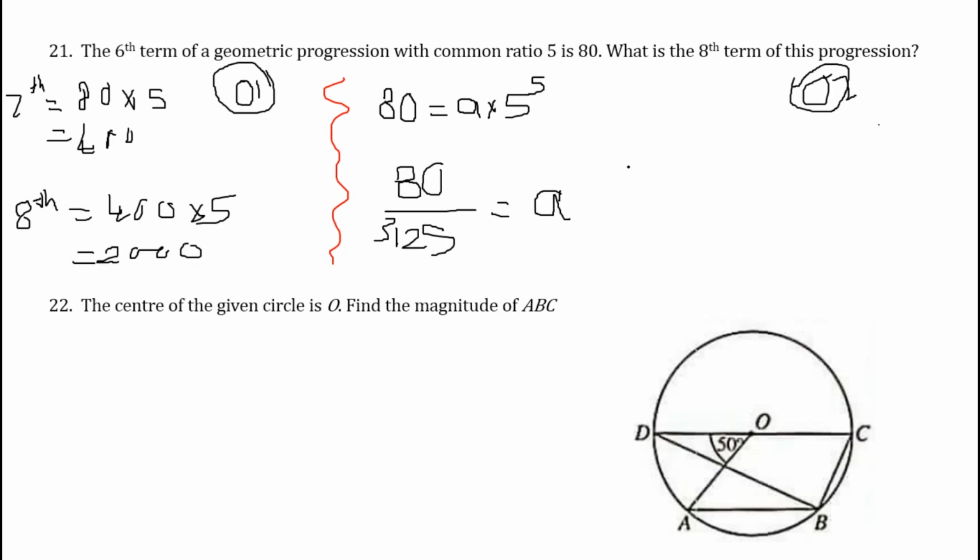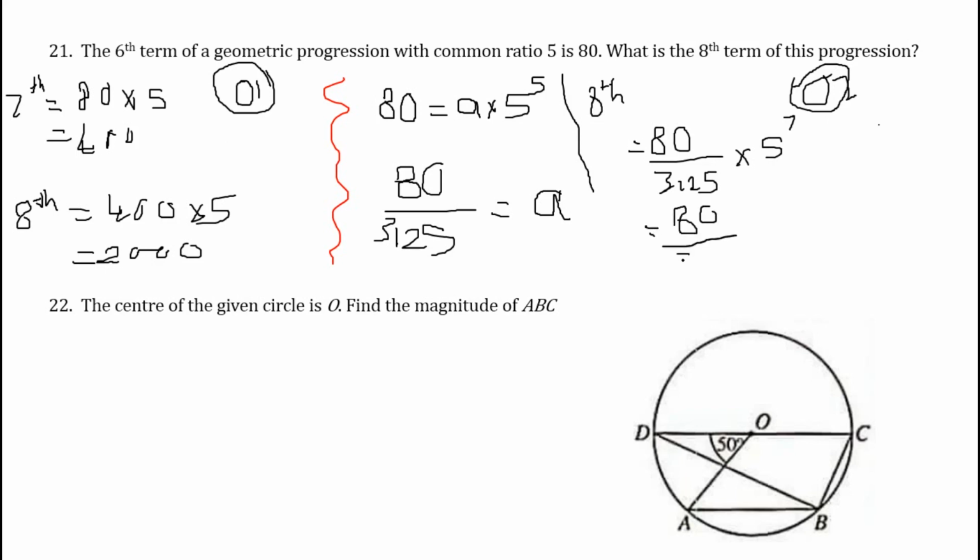So to find the eighth term, that will be equal to a is 80 over 3125, r is 5, n minus 1, so 8 minus 1 is 7. That will be equal to 80 over 3125 multiplied by 78,125.